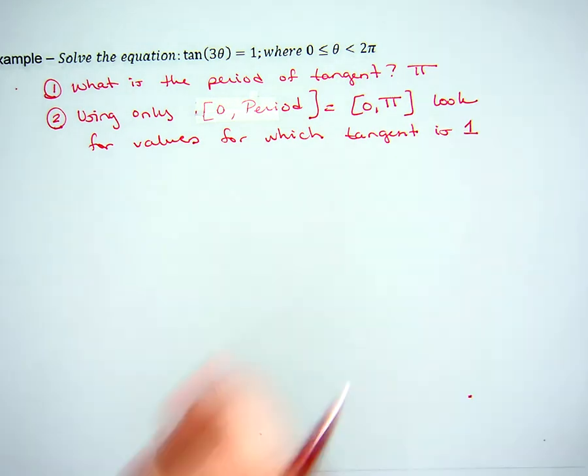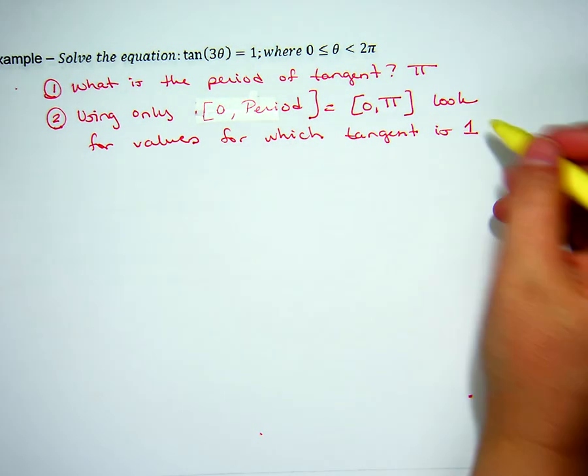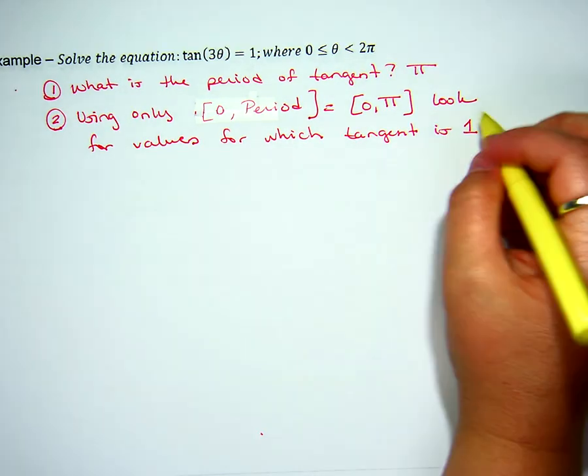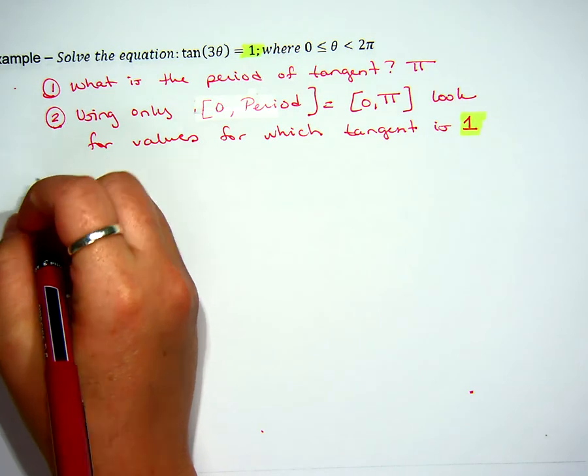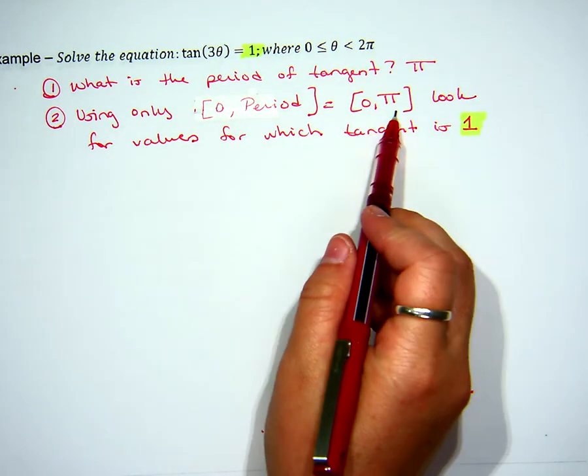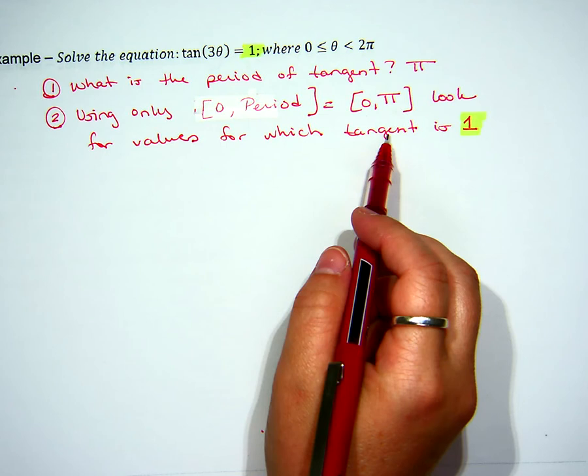Now you might be asking, where did I get that 1 from? Because here I'm equal to the value of 1 in my problem. Now, I'm going to look between 0 and pi, and I'm going to look for where y over x, because that's what tangent is, has to be equal to 1.